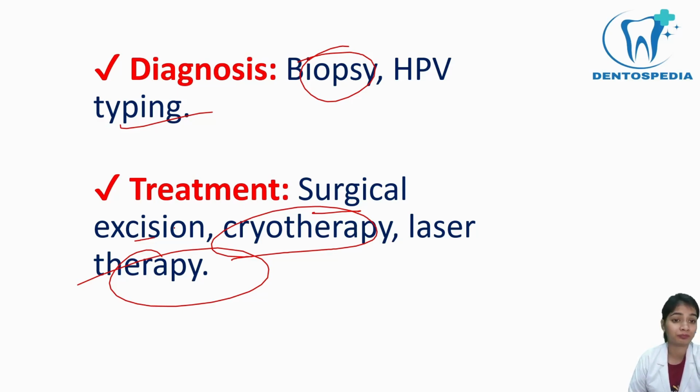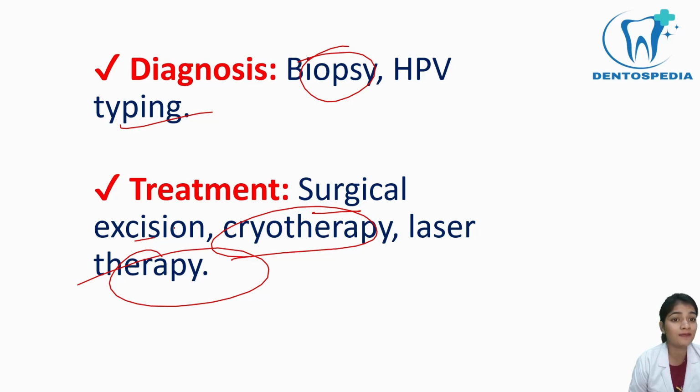So see, what are the differences between Coxsackie virus and HPV? See, the lesion in Coxsackie virus, there will be vesicles which burst to form ulcers. Understood? And in HPV there will be oral warts. Now in Coxsackie virus there will be painful ulcers. Understood? But in HPV, it is painless.